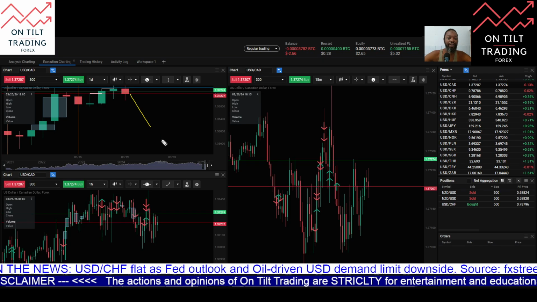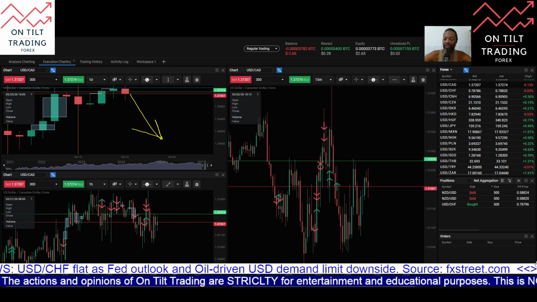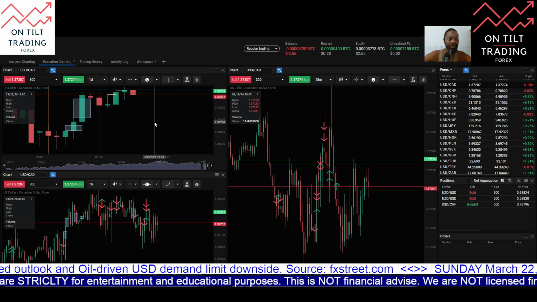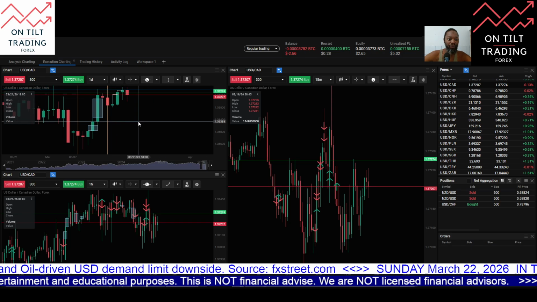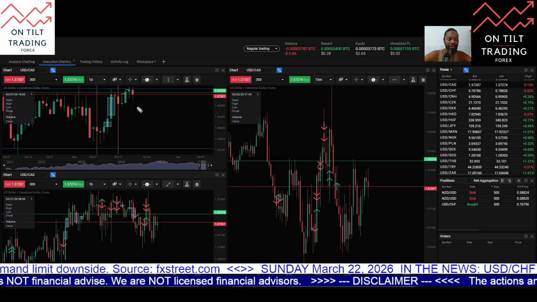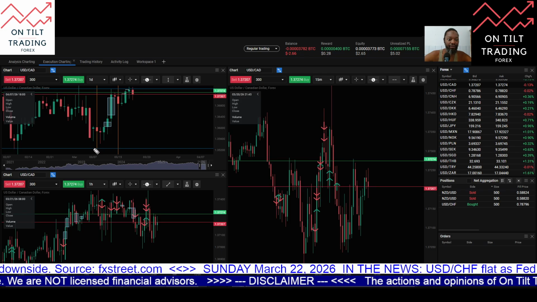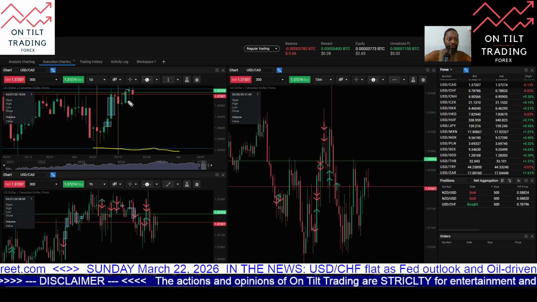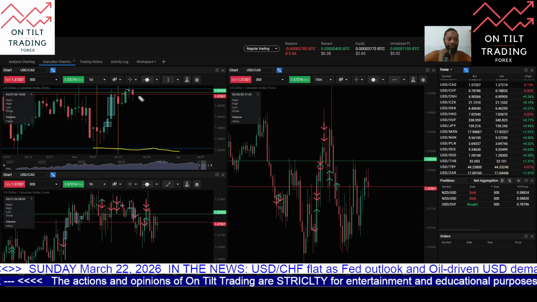So I would anticipate a return to sell side. This one is a bit more obvious to me than the rest of the pairs. With that, I am going to look to trade this pair, and I'm going to look to target the low of last week, so something a bit more sizable.